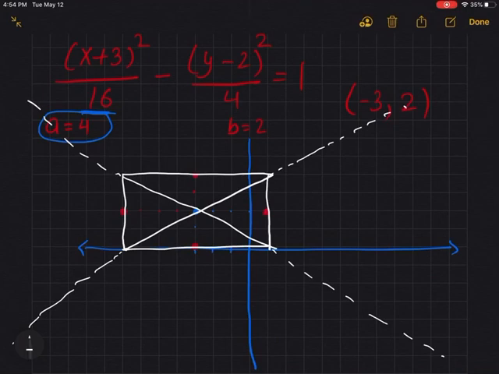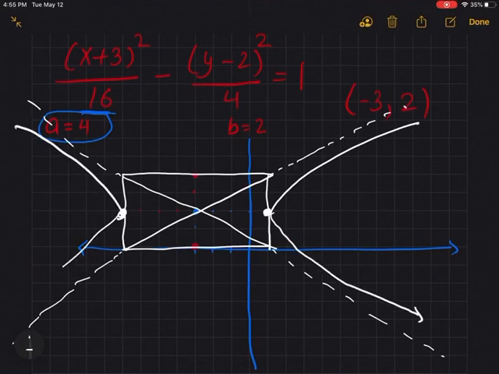Lastly, I know x comes first, so it means those two parabolas are going to be on the x-axis, and I already know these are the vertices. And don't forget, those vertices are always going to be on the box. It's not inside, okay? It's always going to be on the box. So I would just extend and make the parabola. Don't forget, it's going to get closer to these asymptotes but never touches. So here you go. That's how the hyperbola is going to look.